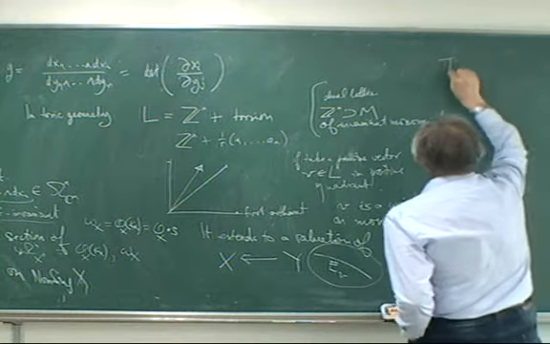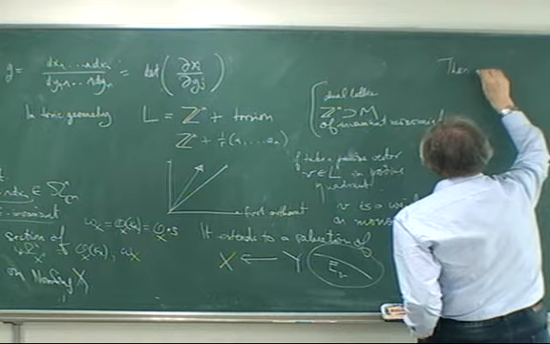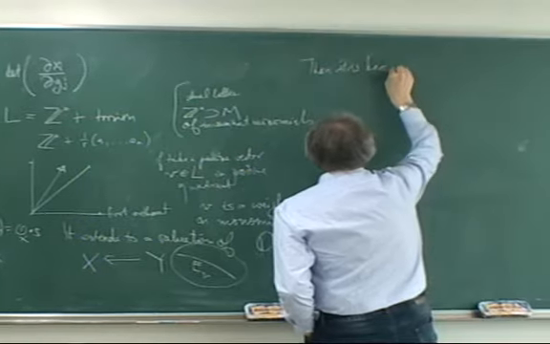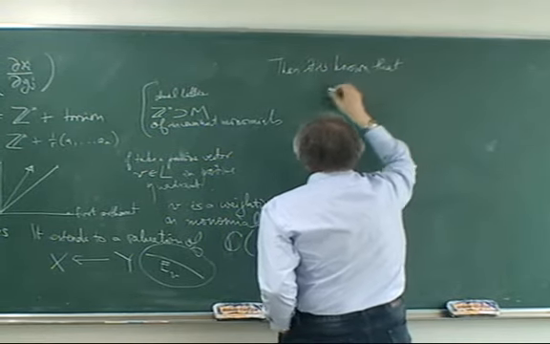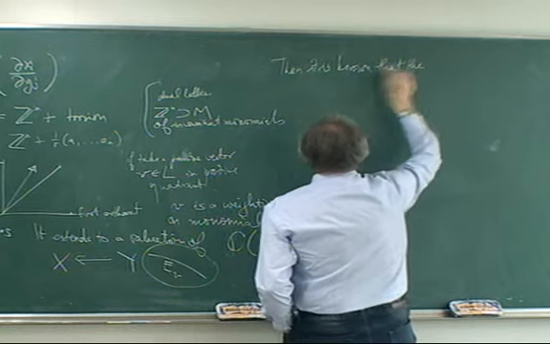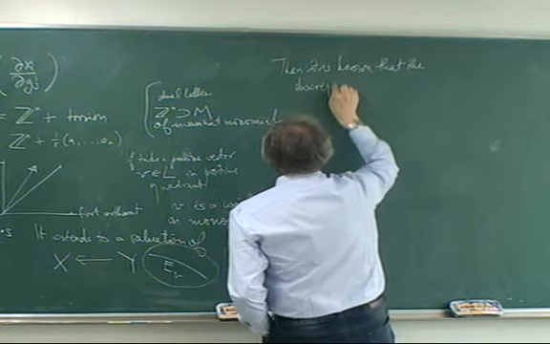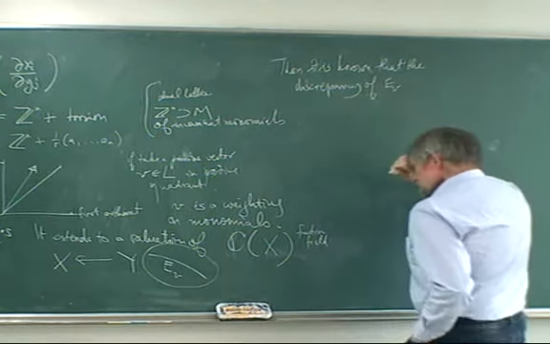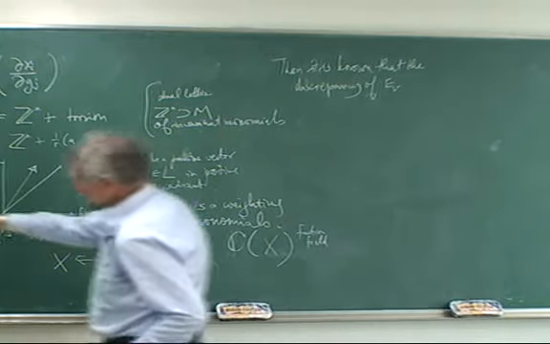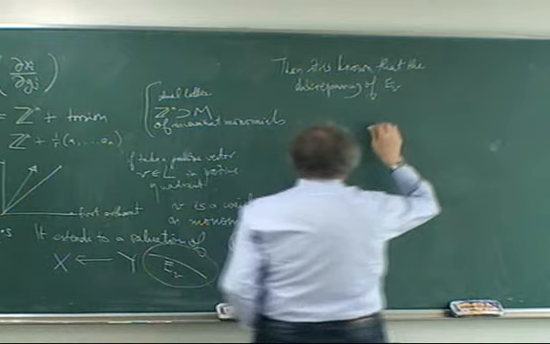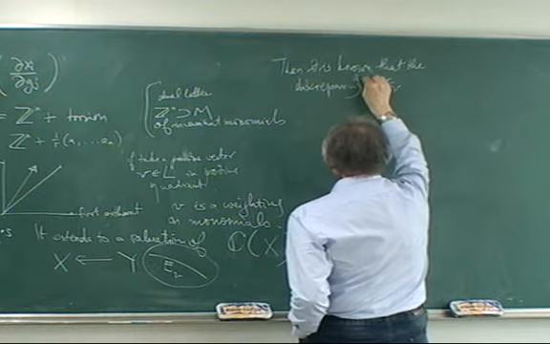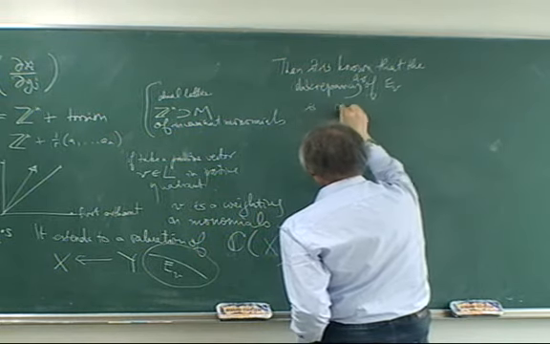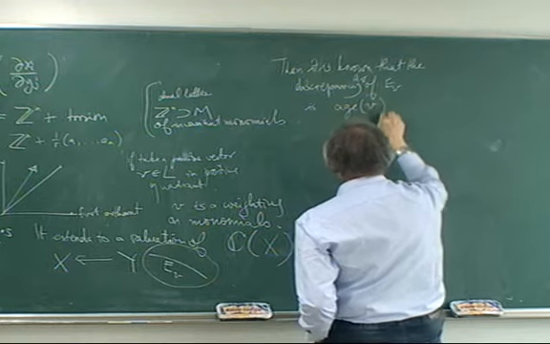It is known that the discrepancy of EV, so that's the coefficient, let's write AV, the coefficient that appears in the canonical divisor, is something called the age of V minus 1.